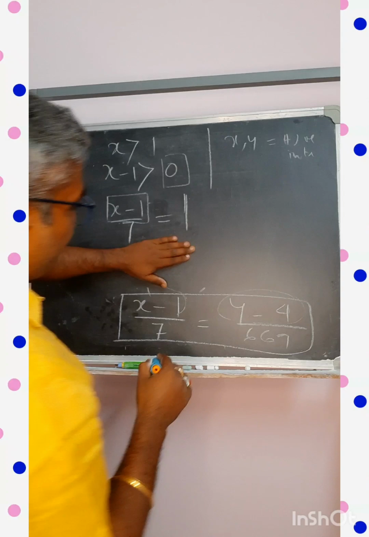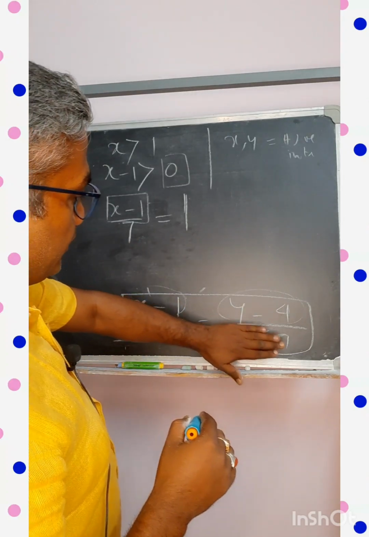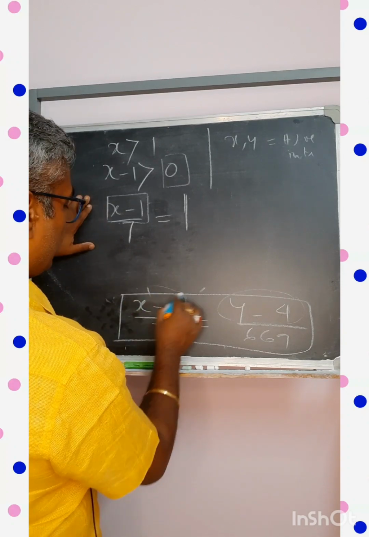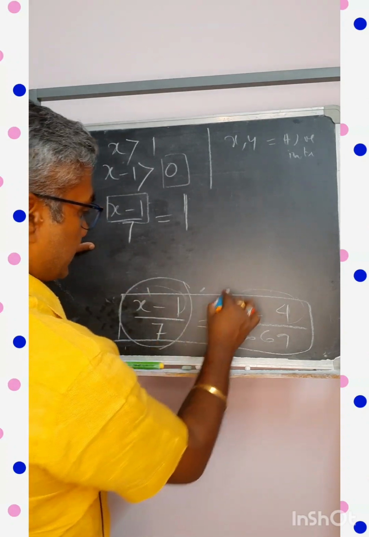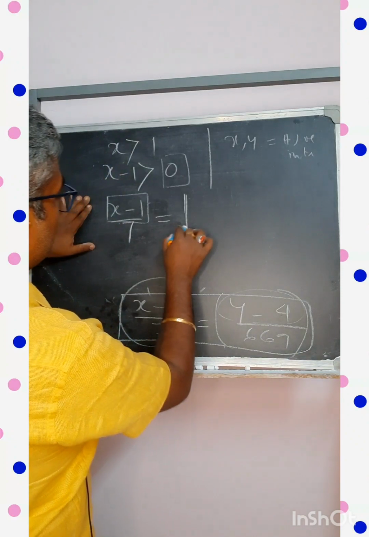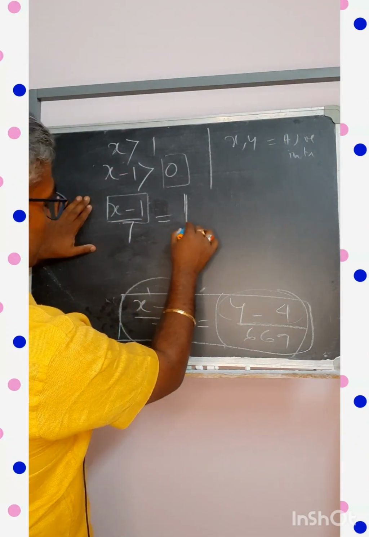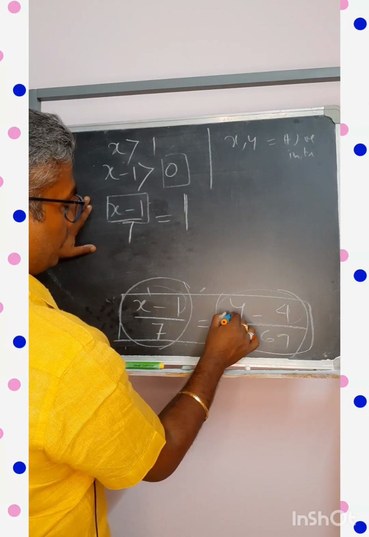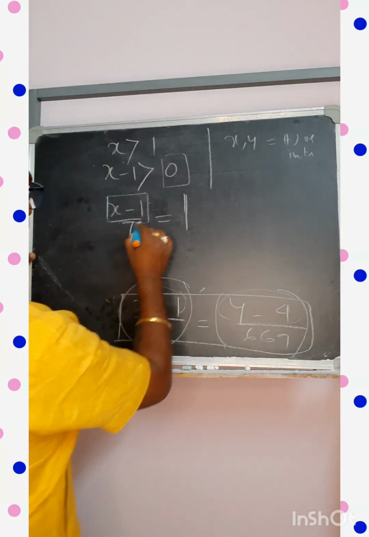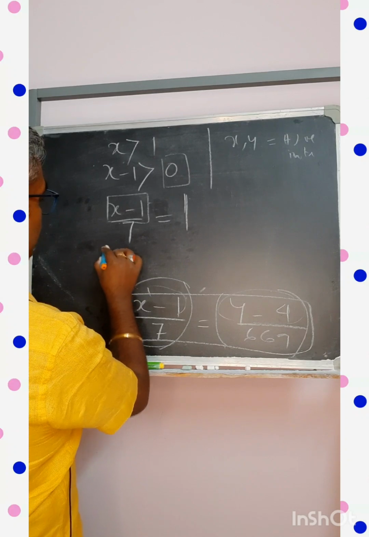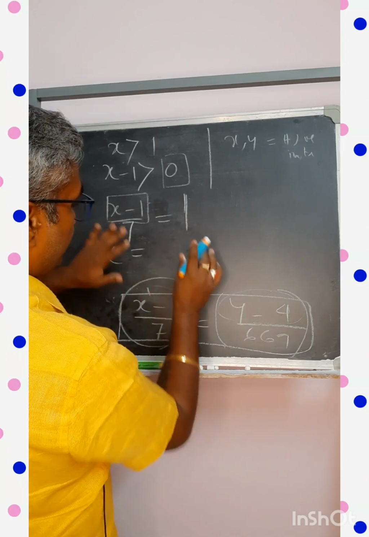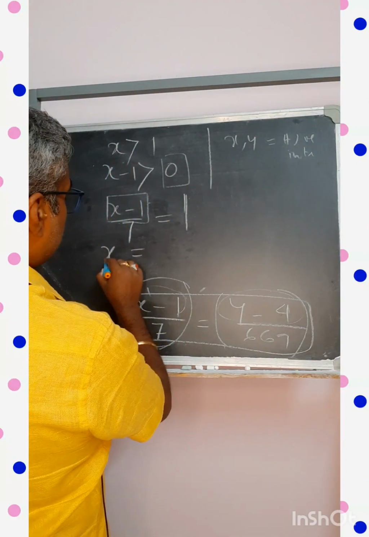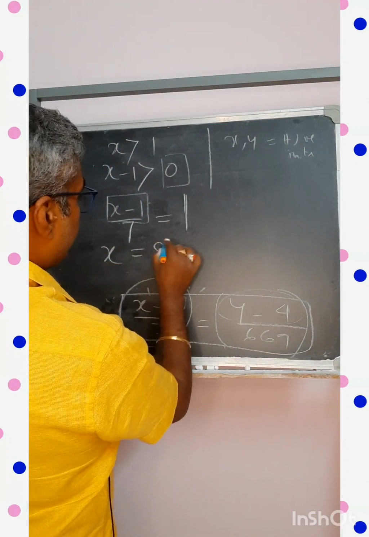This will definitely give y a positive integer value. So the minimum value for both sides of the equation has to be 1. For any value less than 1, it will give a fractional value of y. So, the minimum attainable value for which x and y are positive integers, x I am getting here is 8.